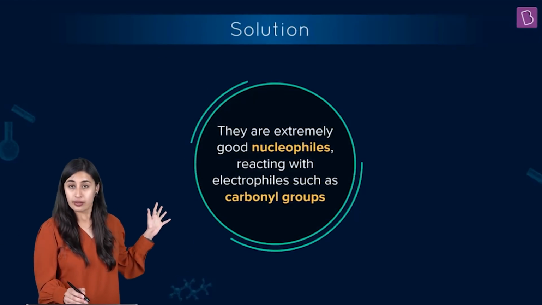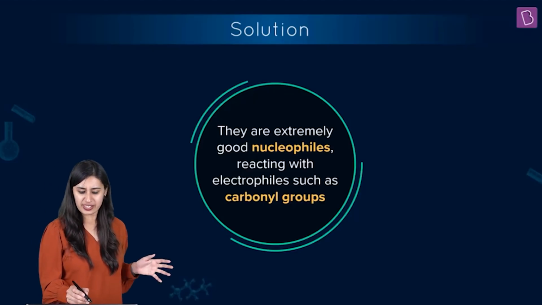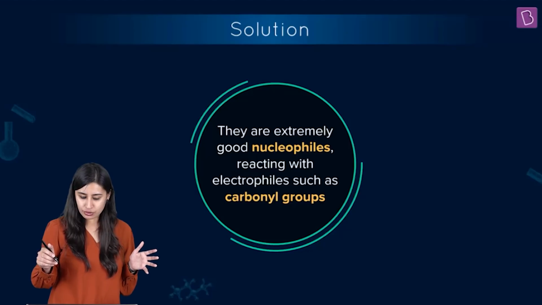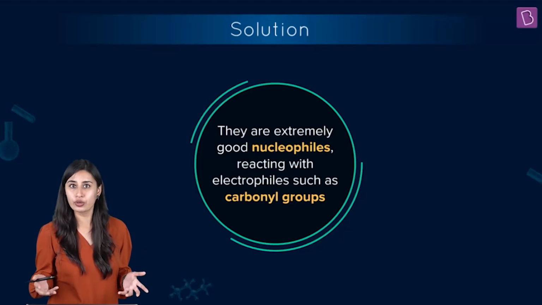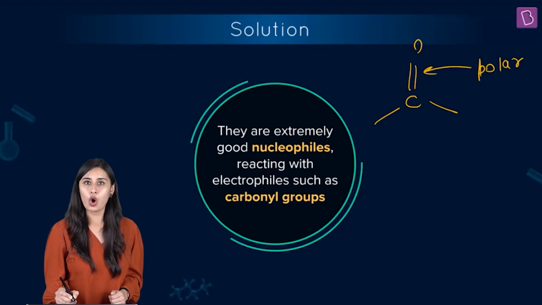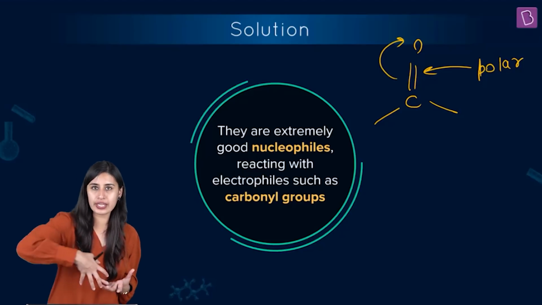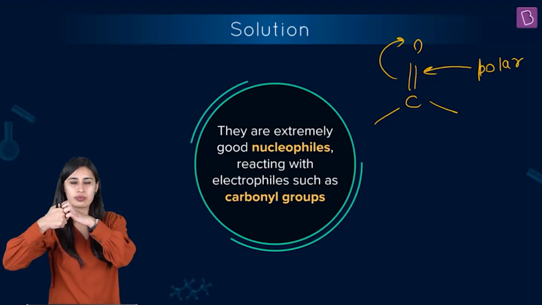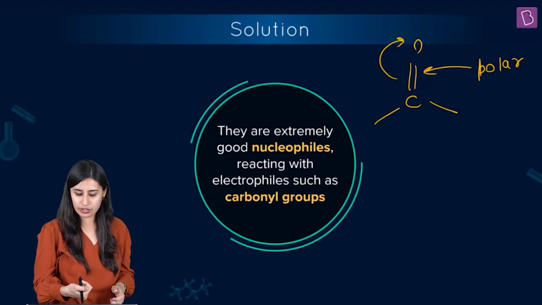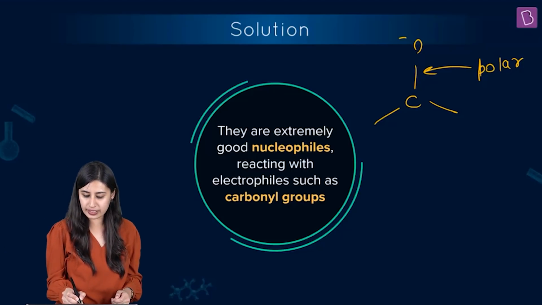So when we talk about Grignard reagents, they're extremely good nucleophiles reacting with electrophiles such as carbonyl groups. In the carbonyl group, you know that this carbon-oxygen bond is highly polar. Oxygen, being more electronegative, makes the electron density come towards itself, such that O can be written like this, O minus and a carbon plus.